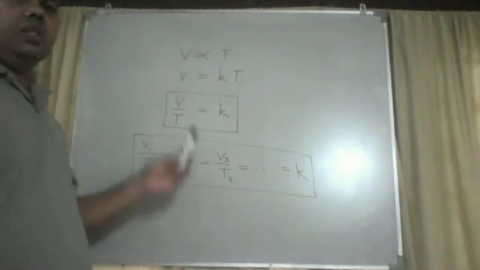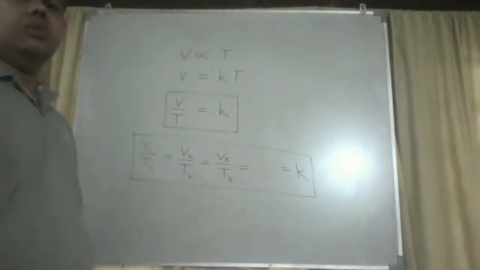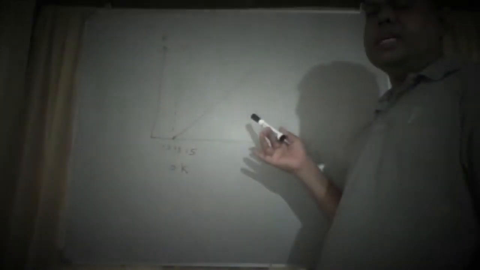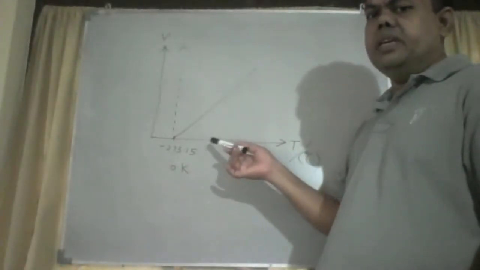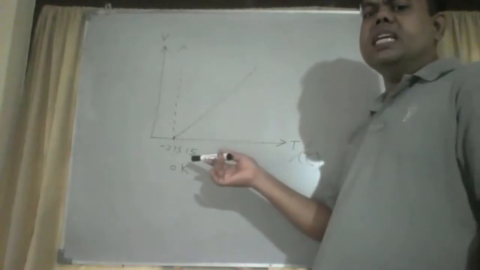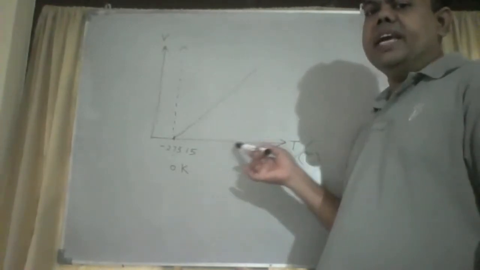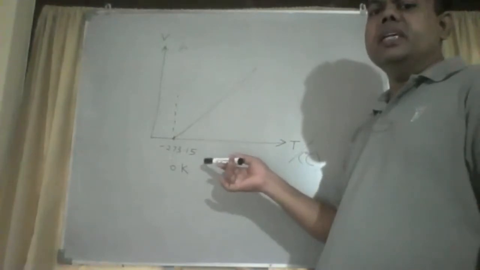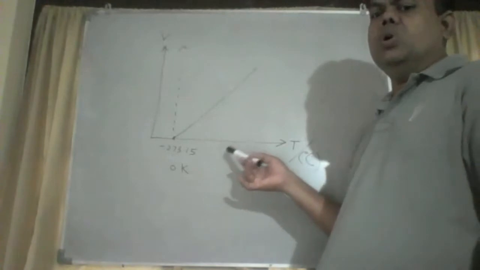The graphical representation of Charles' law is like this. If the temperature scale is in degrees Celsius, the x-intercept will be minus 273.15.